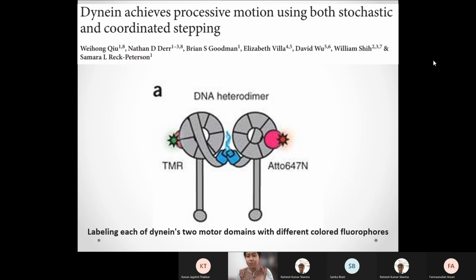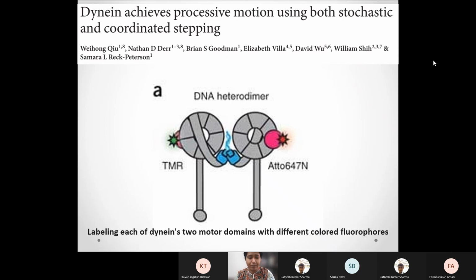Because kinesins have a certain walk, right? They can walk one leg, then the other. We know how myosins walk. How does dynein walk? So this question was addressed by a number of publications which came out around 2000. And here's a specific one that we are going to look at today.